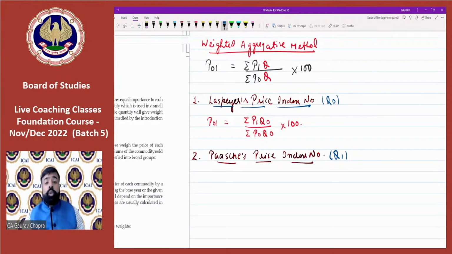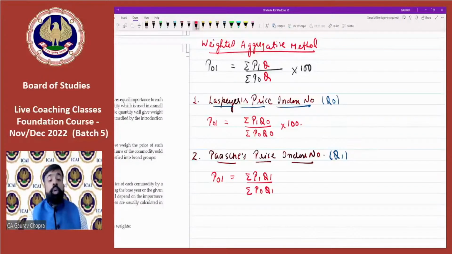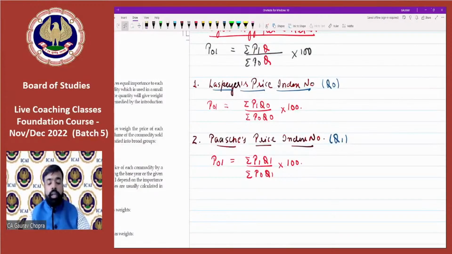So Paasche took current year quantity as the weight. So the formula becomes P01 equal to sigma P1 Q1 upon sigma P0 Q1 multiplied by 100. So हमने किसको यूज किया? करंट ईयर को.